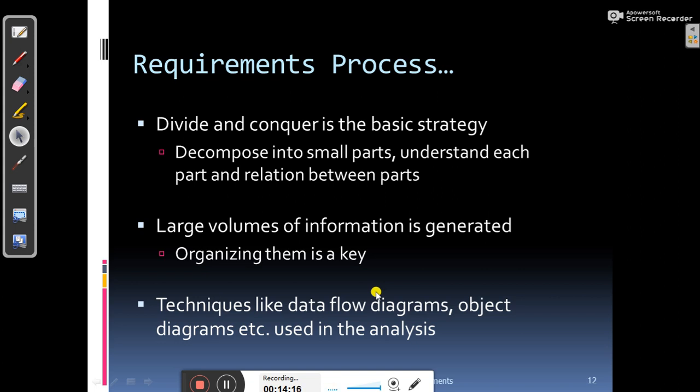So we'll go directly to what other things we need to know about the SRS document.